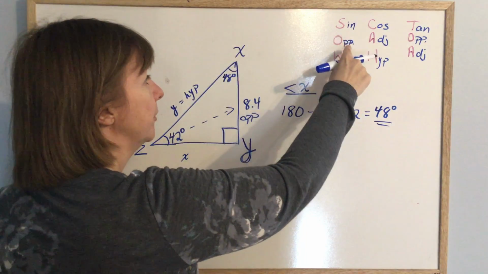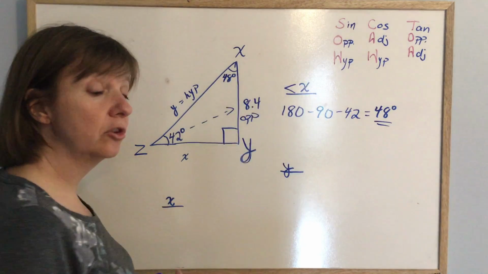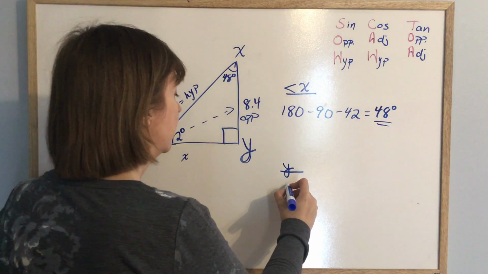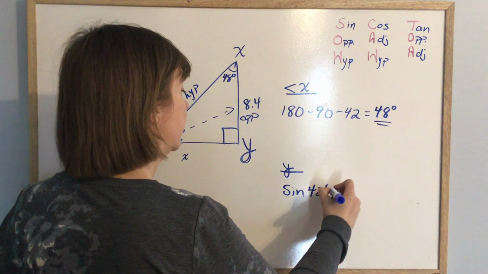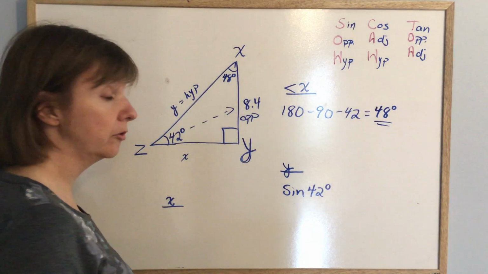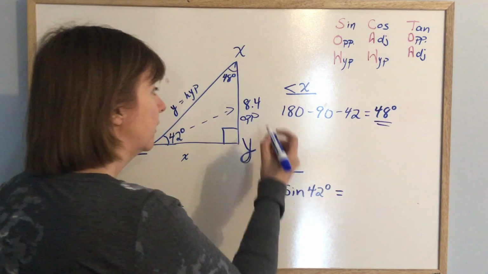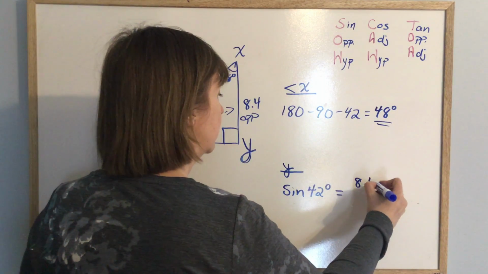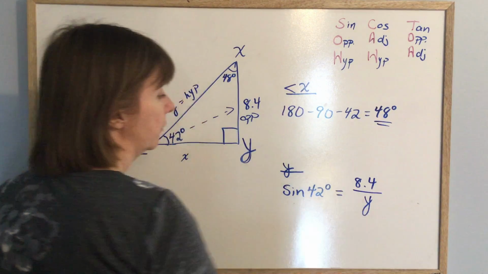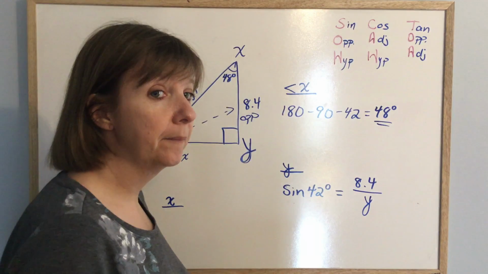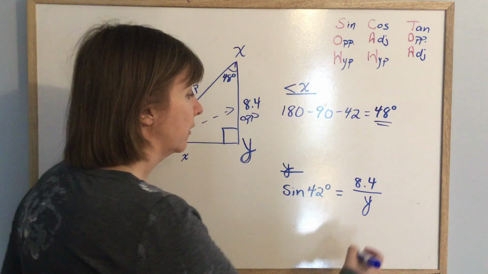If I have opposite and hypotenuse, that means I should be using sine. So I would say that the sine ratio of my 42 degree angle is the opposite side, which is 8.4, over the hypotenuse side, which is y.